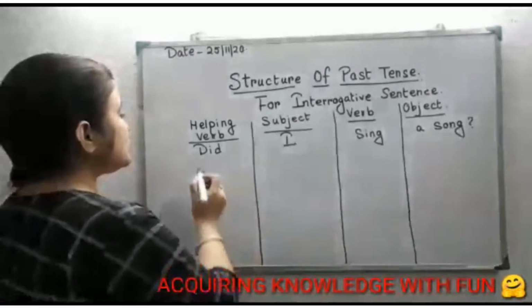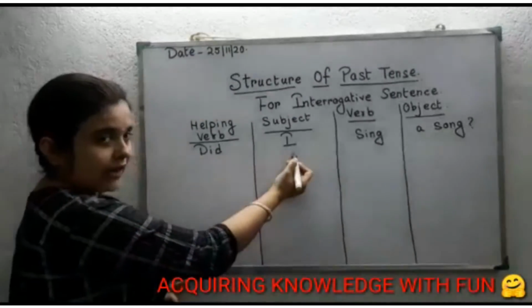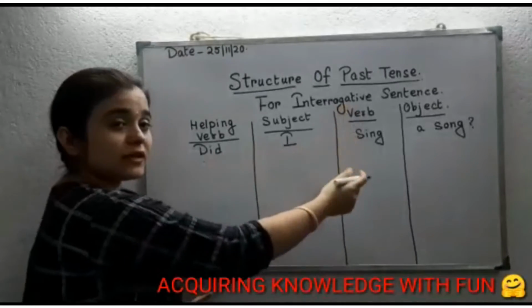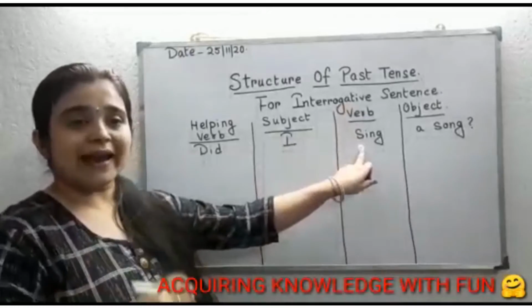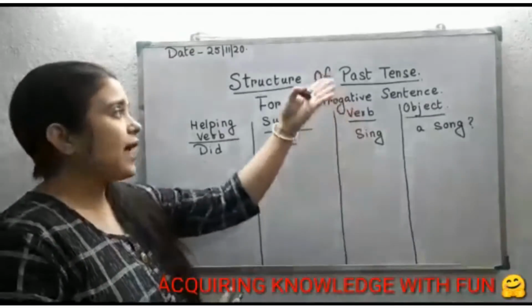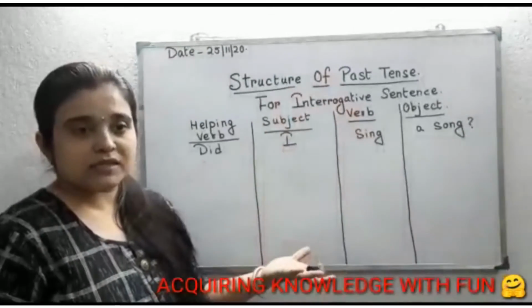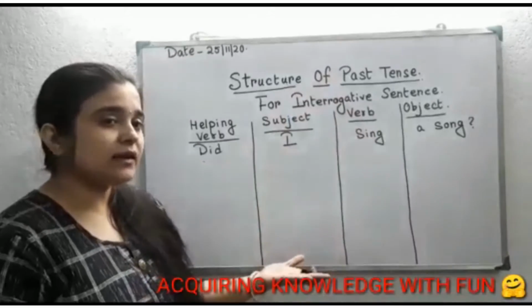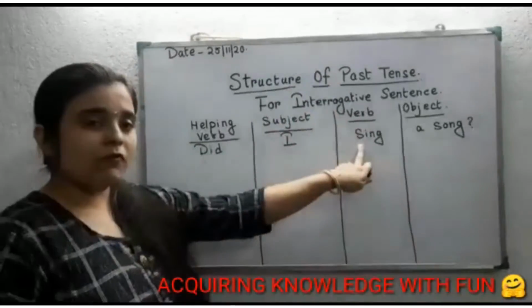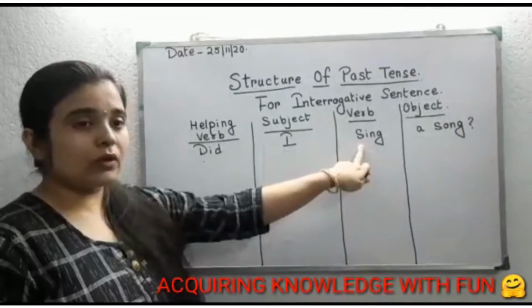So did, then subject I, did I, verb sing. Why have I not used sang here? Because as I am framing a sentence in past tense, should I use the past form of the verb here? No. Why?